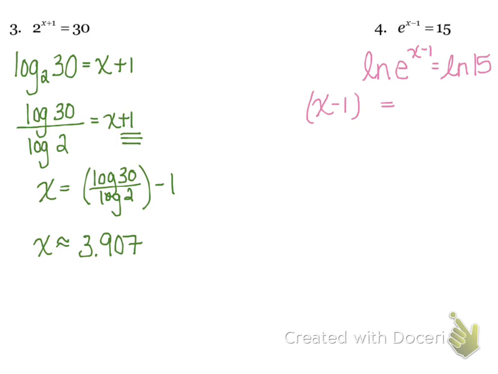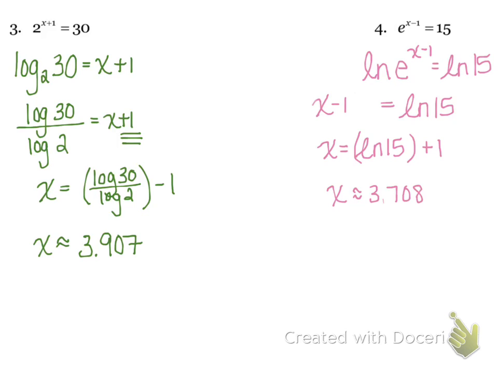So it just turns into x minus 1 equals ln of 15. So you can plug 15 in your calculator, and then you would have to be sure to add 1 to it. So x is actually equal to ln of 15, and then add 1. So x is about 3.708.